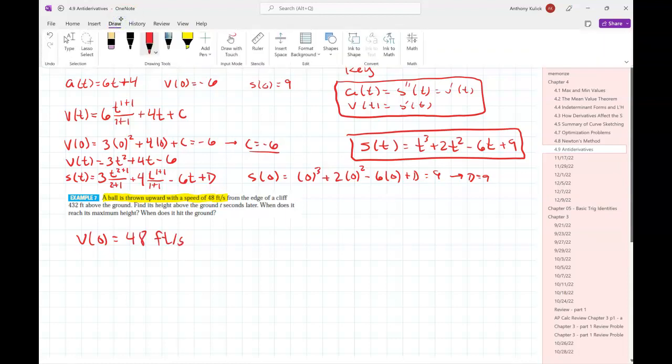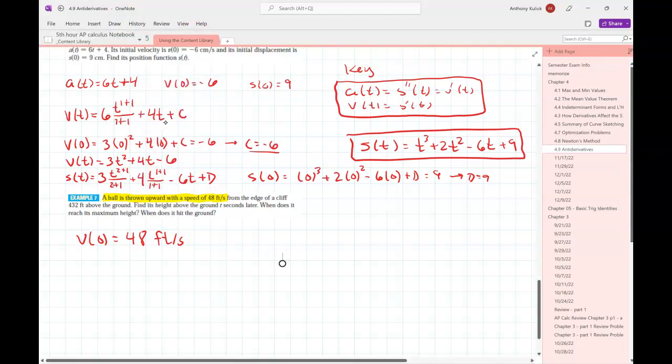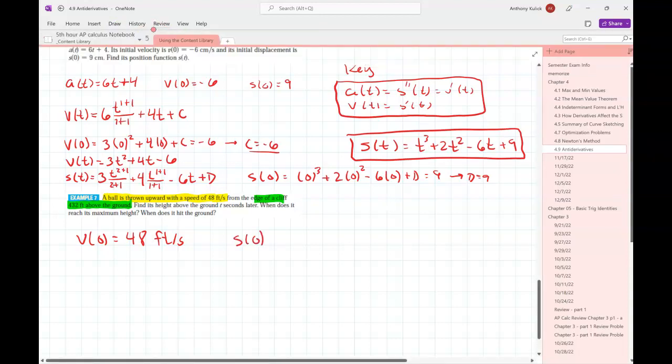What is the edge of the cliff 432 feet above the ground giving me? That's S0, our initial position.